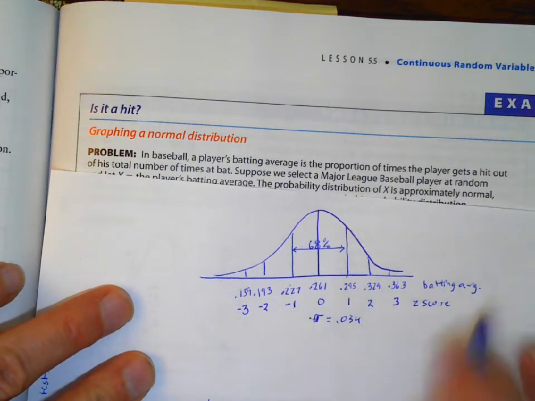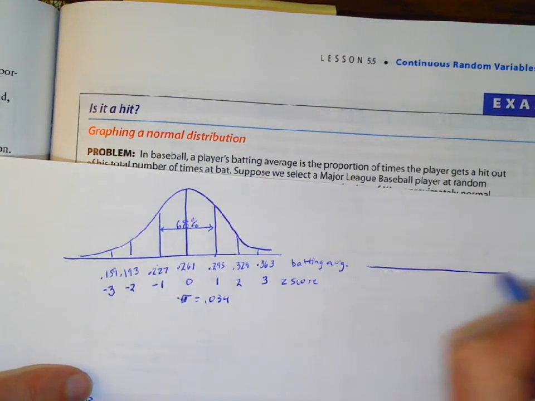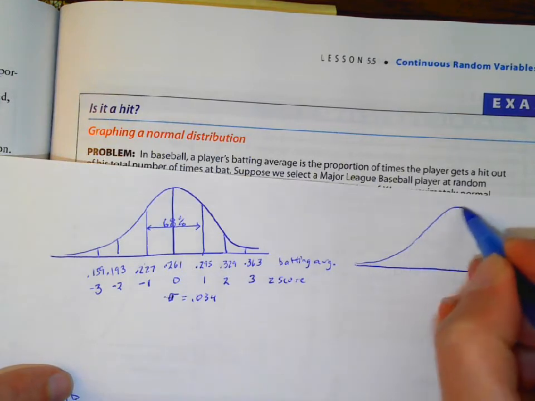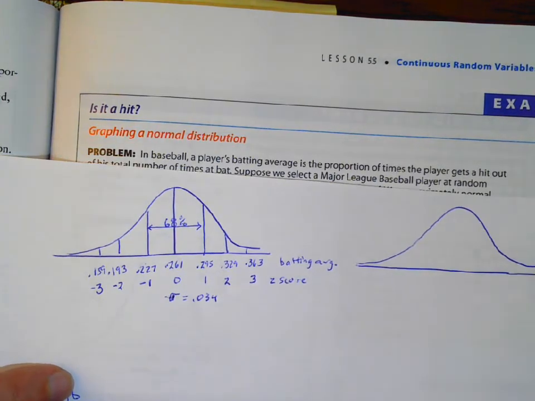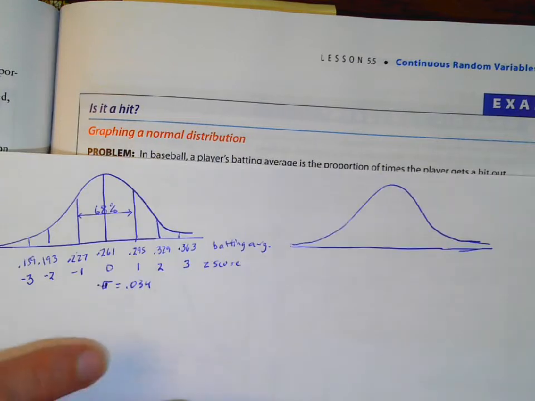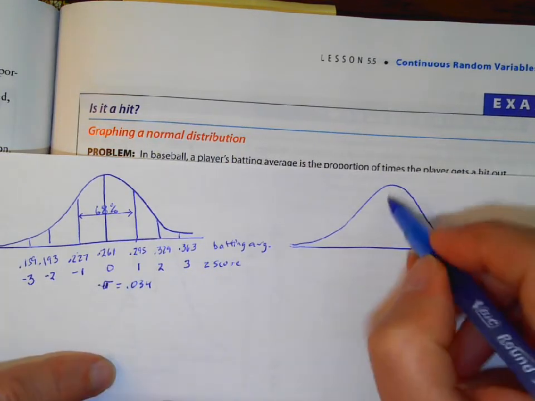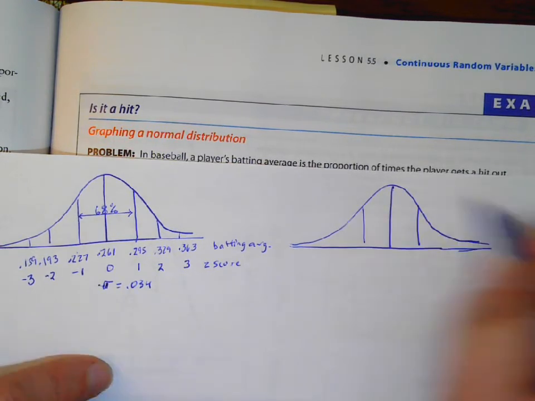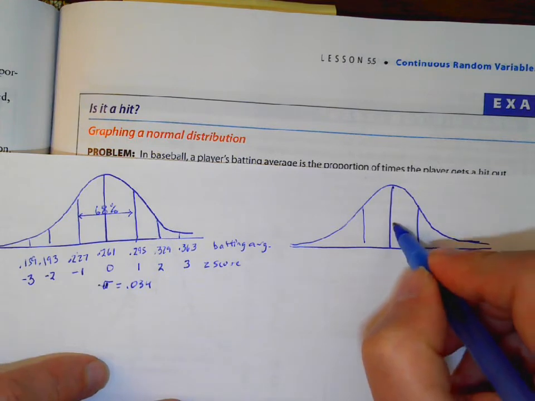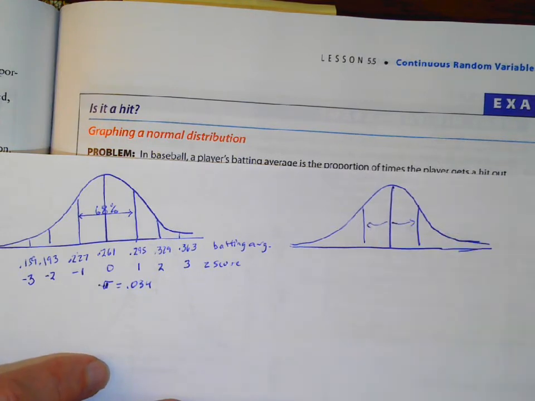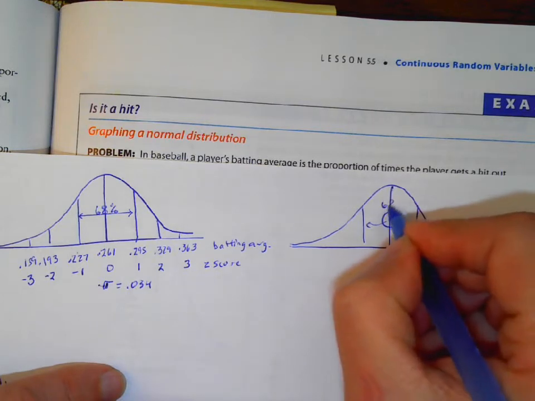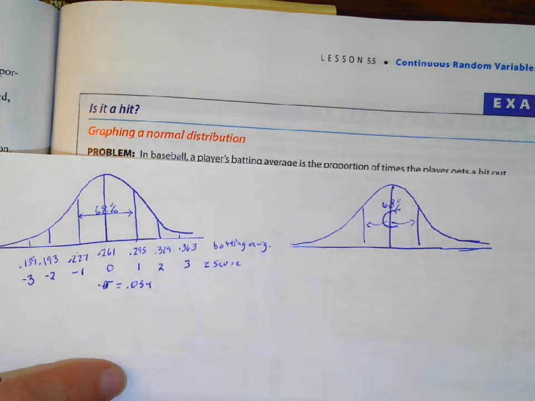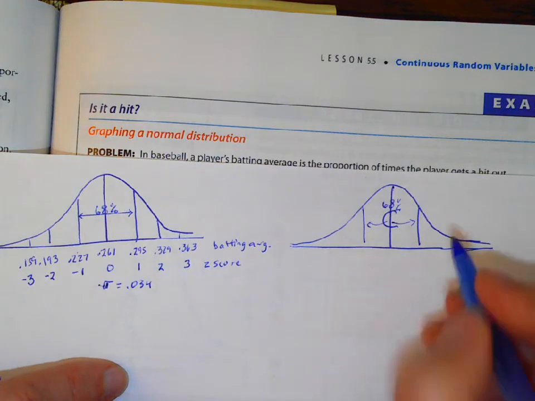For example, some people believe in grading on the curve, and I know some college professors do this. We don't really do this in high school, but anyway, college professors, within 1 standard deviation, they take the whole class and all their averages, and if somebody is within 1 standard deviation, they get a C. 68% of the people are average, so 68% of the people would get a C.